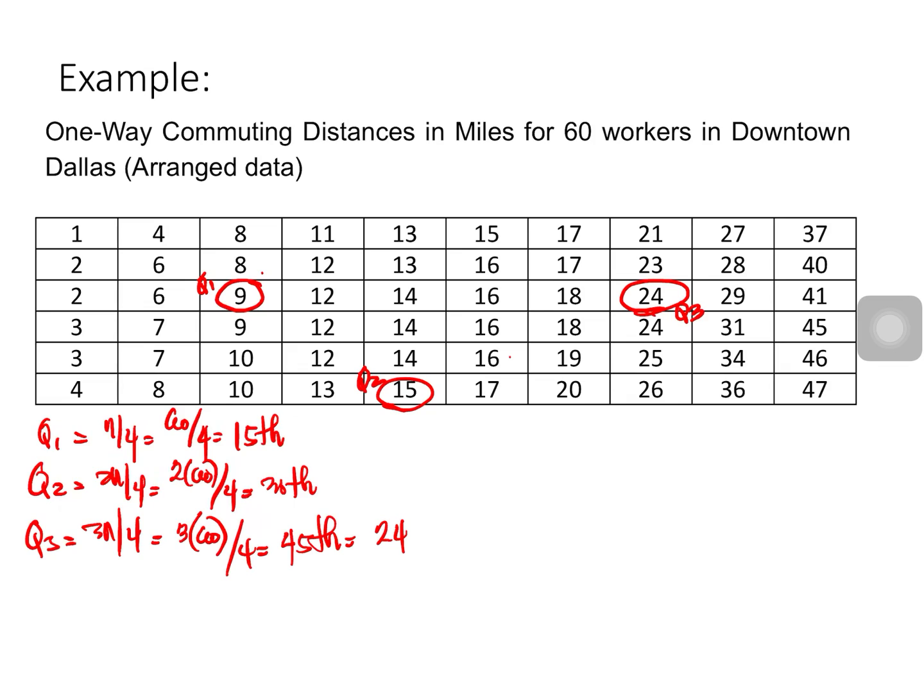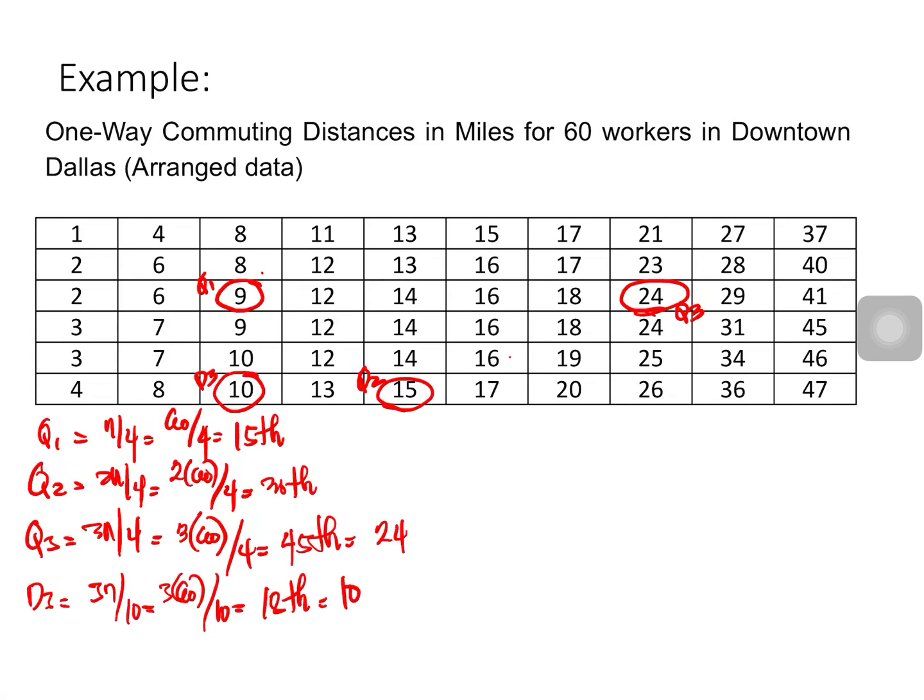Then we have D3. Let us say I want to compute for my D3. 3n over 10, and that is 3 times 60 divided by 10. We have there 18, so the 18th place. If this is 15, this is our D3.